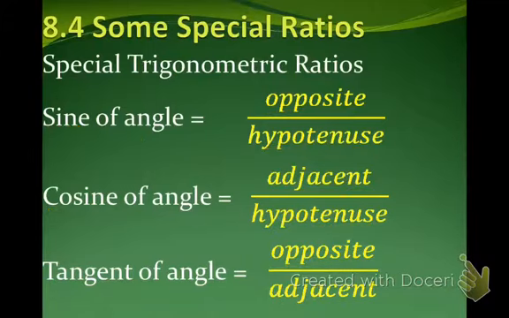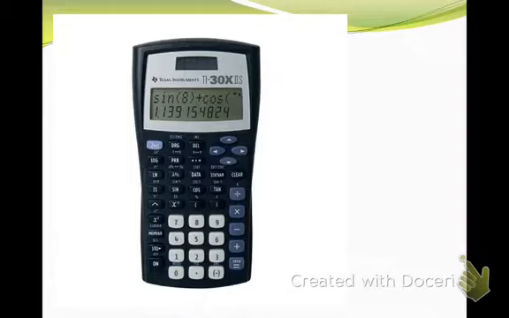All right. And we're going to look at an example. But before we do that, if your calculator looks like this, we're going to have to do a quick settings change before you can operate on these types of problems. If you have a different calculator than this, you might have to do a little Googling just to make sure that you have this. But when we work with trigonometry, we have to have our calculator in what we call degree mode.